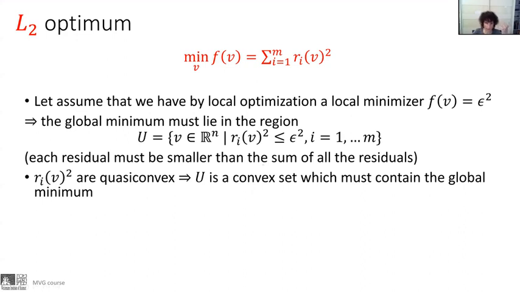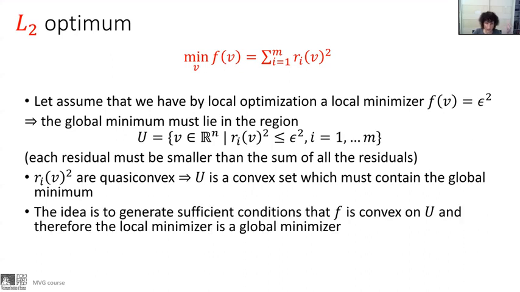And the idea of one of the papers that we discussed is the following. They have a way to look at this very small set and look for a sufficient condition such that F is convex on this set, which means that just on this set, I'm looking for a condition that F is convex.